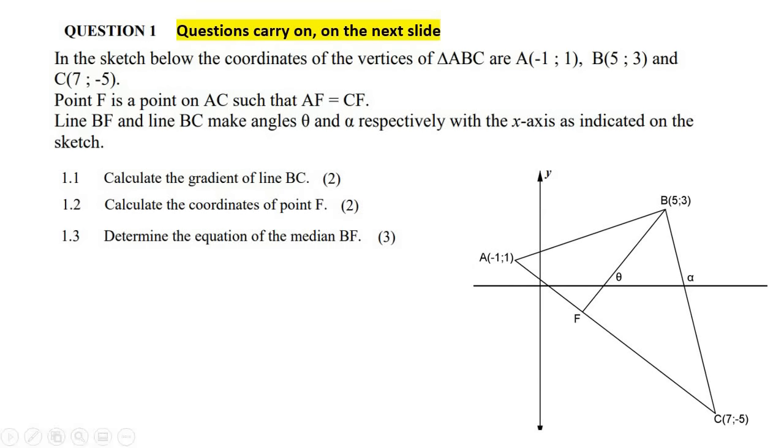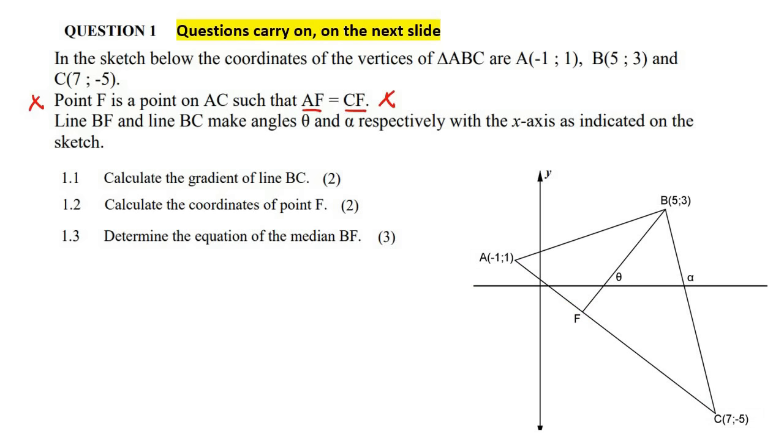So they tell us that in the sketch below, we have the coordinates of the vertices A, B, and C. Point F, this part's very important. Point F is a point on AC such that AF is equal to CF. Now, I like this question. You know why?